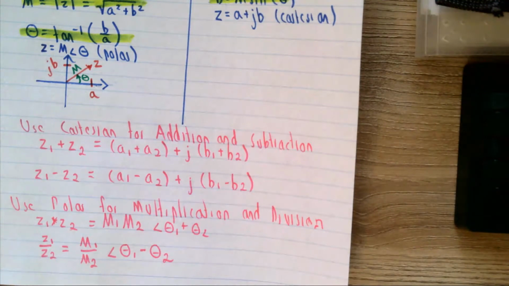And now we're going to talk a little bit about special properties and how to use these. For the special properties, we're going to have two vectors, z1 and the conjugate of z1. Let's just look at an example for now.